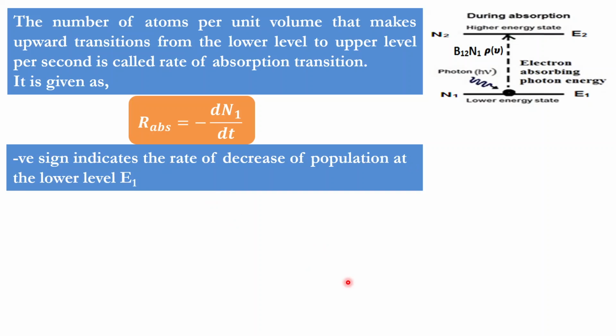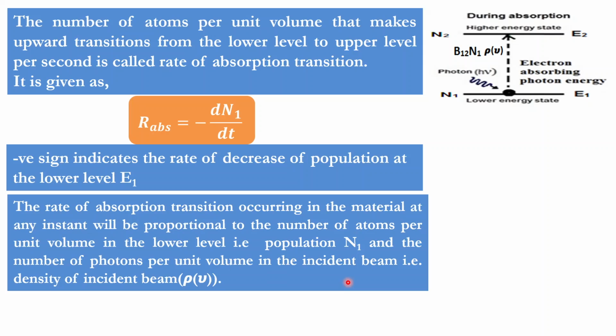Now here the negative sign indicates that there is a decrease of the population at the lower energy level. That means during the transition the atoms go from the lower energy level to the upper energy level, so at that time there is a decrease in the population in the lower energy level.